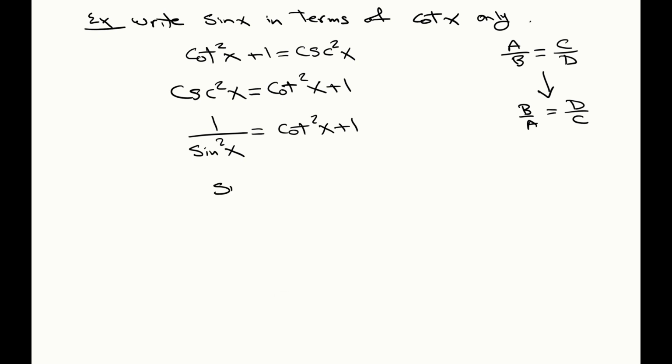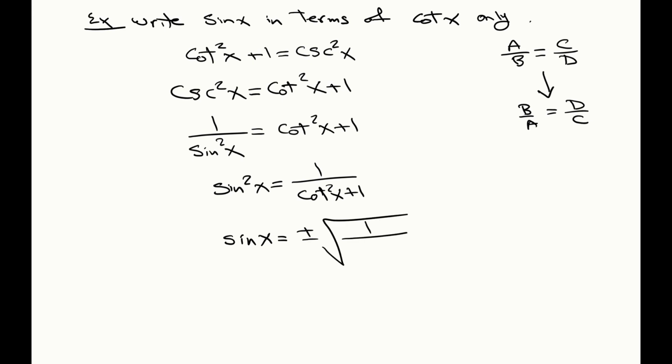So we're going to get sine squared x equals 1 over cotangent squared x plus 1. Now if we just apply the square root property, we get sine x equals plus or minus square root of 1 over cotangent squared x plus 1.